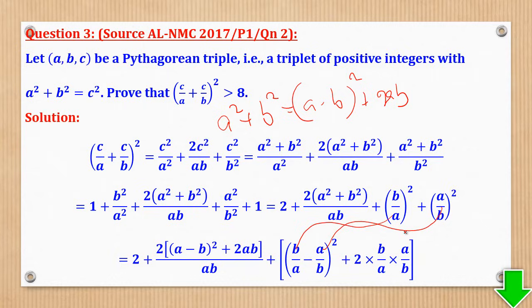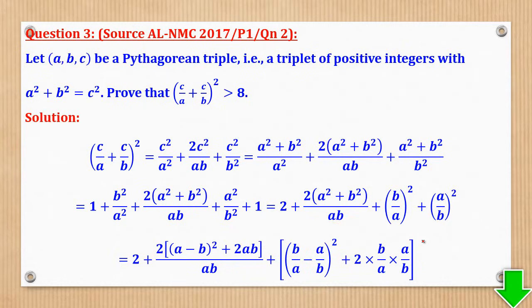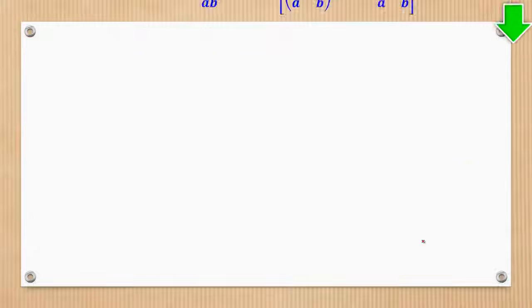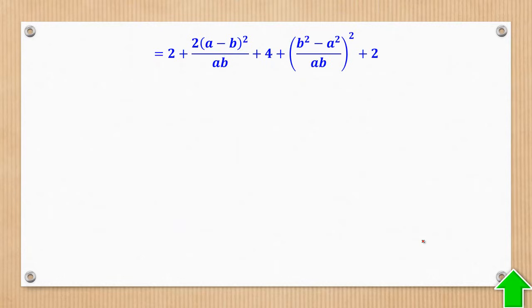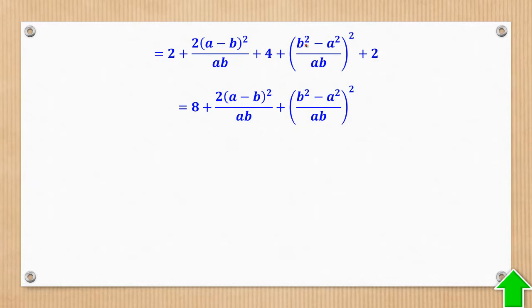Then here it is 2ab, like that. So that means that I come up with this. So here I've combined into one LCM to give you that. Then here, what we have done, we have just collected like terms, this plus this plus this to give you 8. Okay.